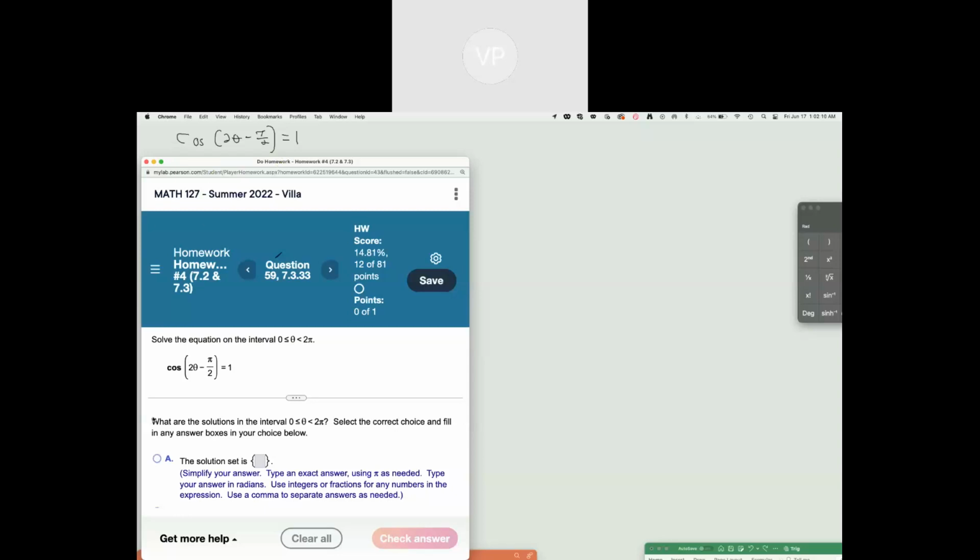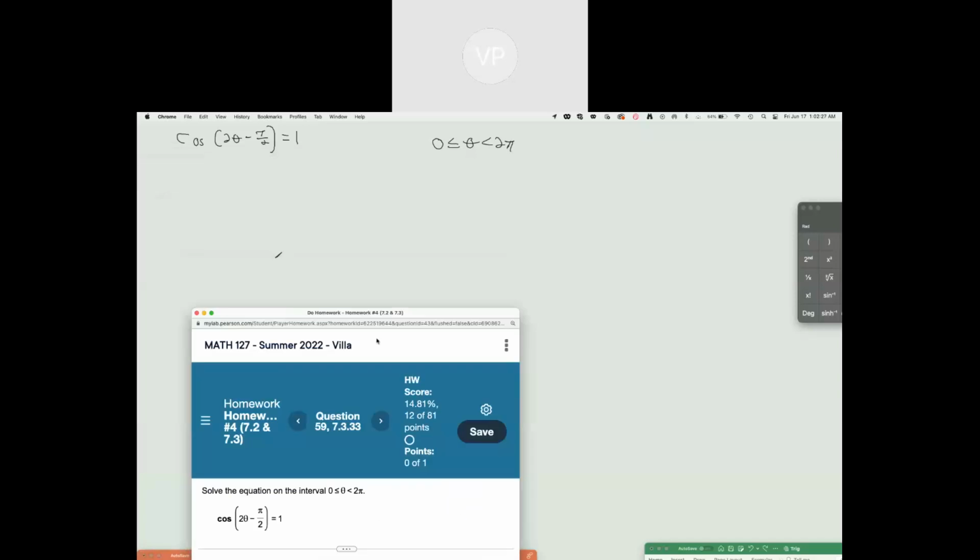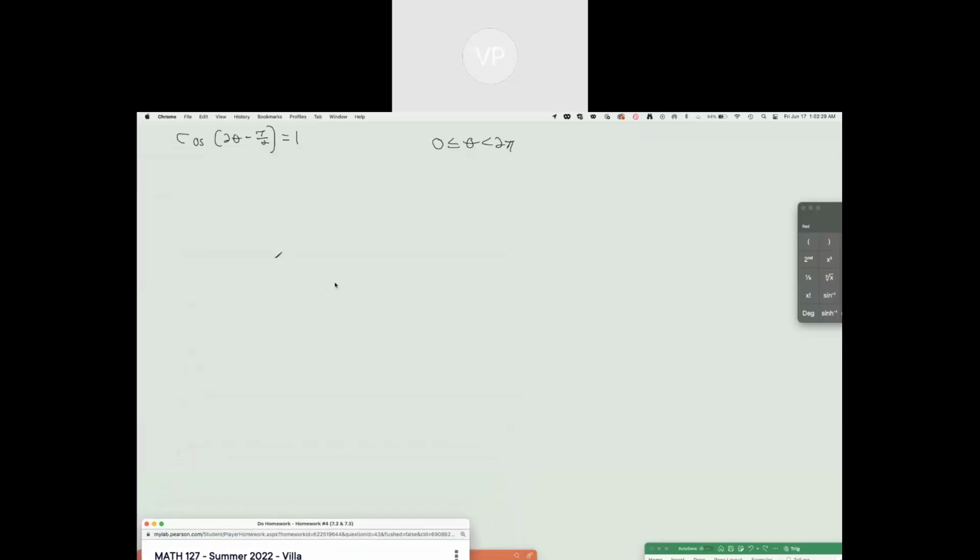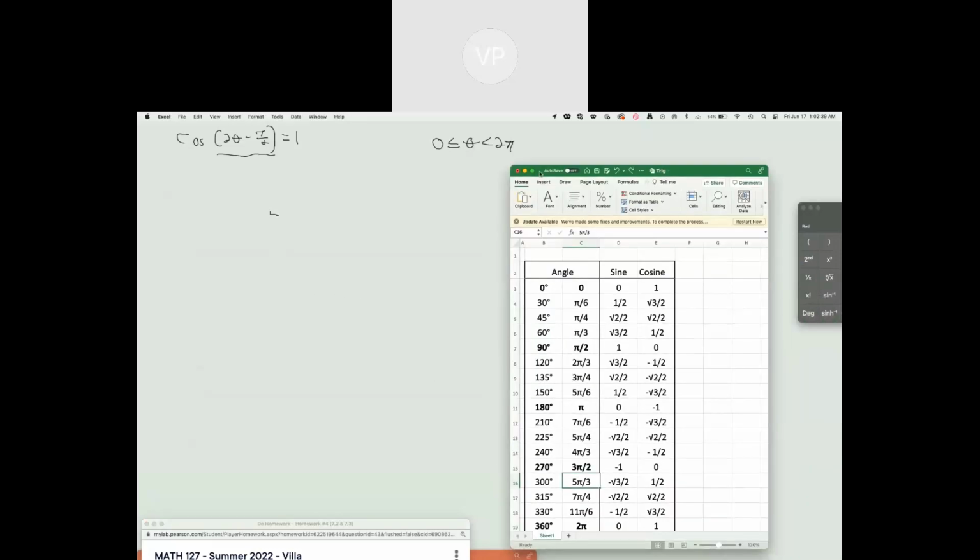So now my answers also have to be greater than or equal to 0 and less than 2 pi. Forget the fact that it's got all this in here. We just have to think, cosine of what equals 1?